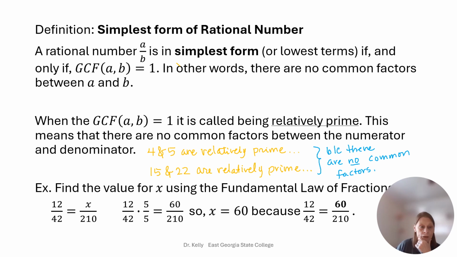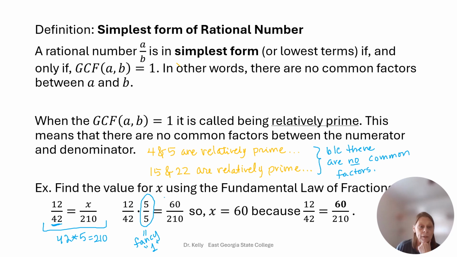So I started out with the problem here, and found that 42 times 5 was equal to 210. So I multiplied the equation top and bottom by 5, which is actually just a fancy 1, right? It's an algebra trick, but it's just a fancy 1.